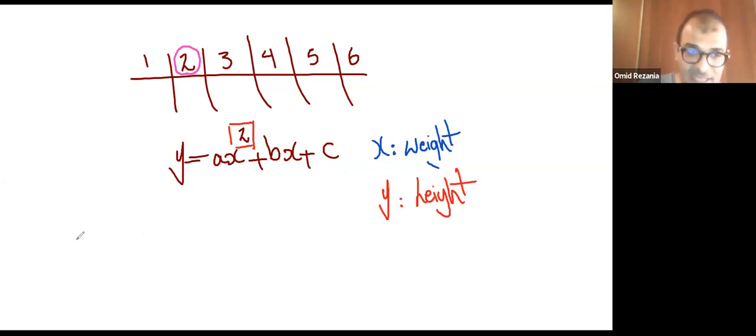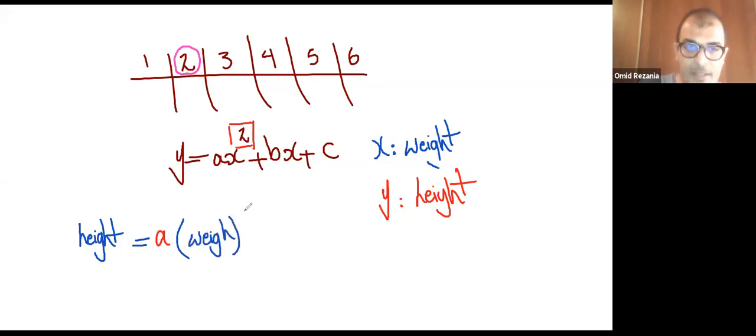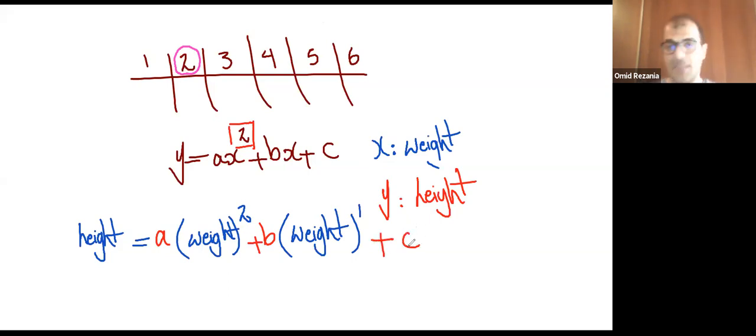I can write height is a function of A times weight to the power 2, plus B times weight to the power 1, plus C. Then you say that, okay, this model represents, I should say, the height and weight.